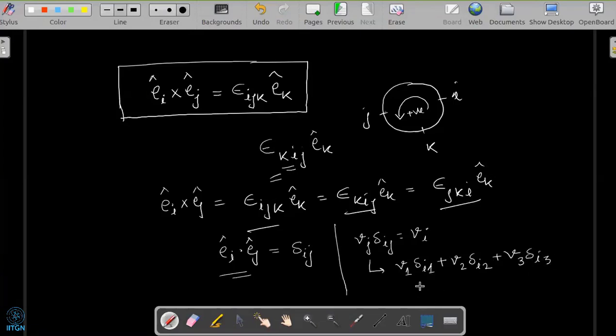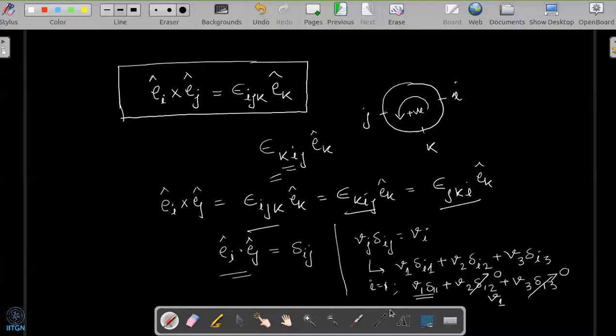Now in this expression, when you substitute I is equal to 1, this will give you v1 delta 11 plus v2 delta 12 plus v3 delta 13. Now Kronecker delta 12 and Kronecker delta 13 are equal to 0 as per its definition. So these two terms become 0, and now you have Kronecker delta 11, which is equal to 1, so this is v1.